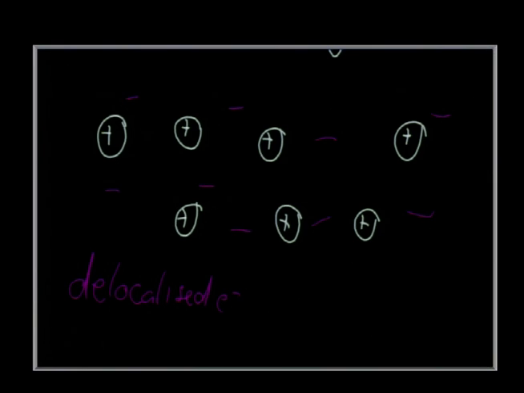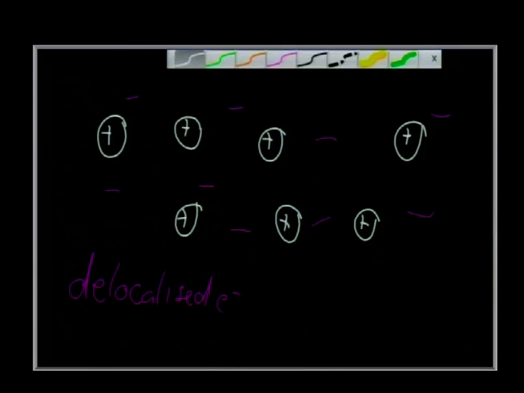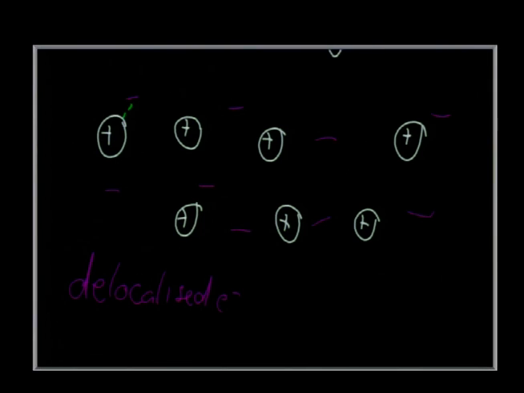Now, the electrostatic forces between these different kernels, the atoms that are positively charged, are not in one particular direction, and they're quite flexible. And that's why with metals, you can bend them, you can stretch them, you can roll them flat, but they are still very strong. And they generally have quite high melting points.